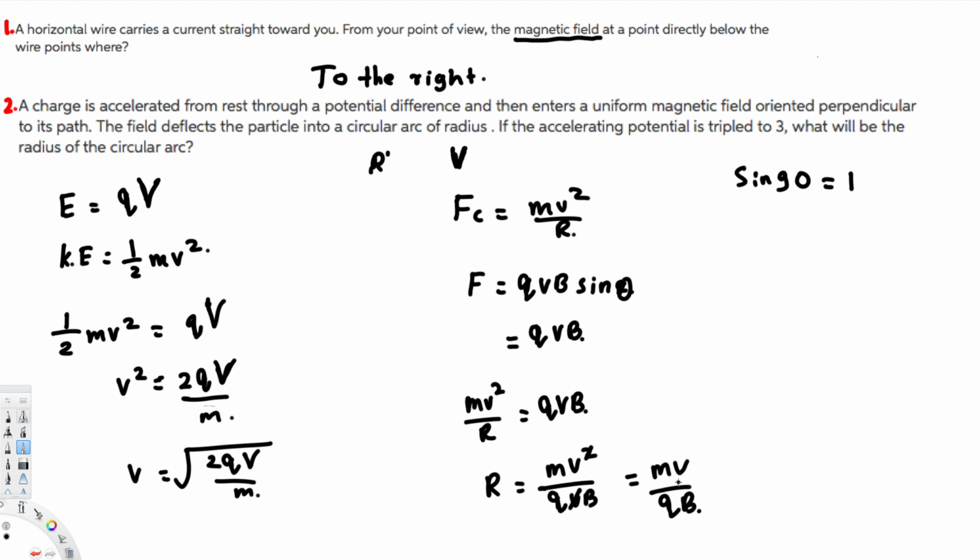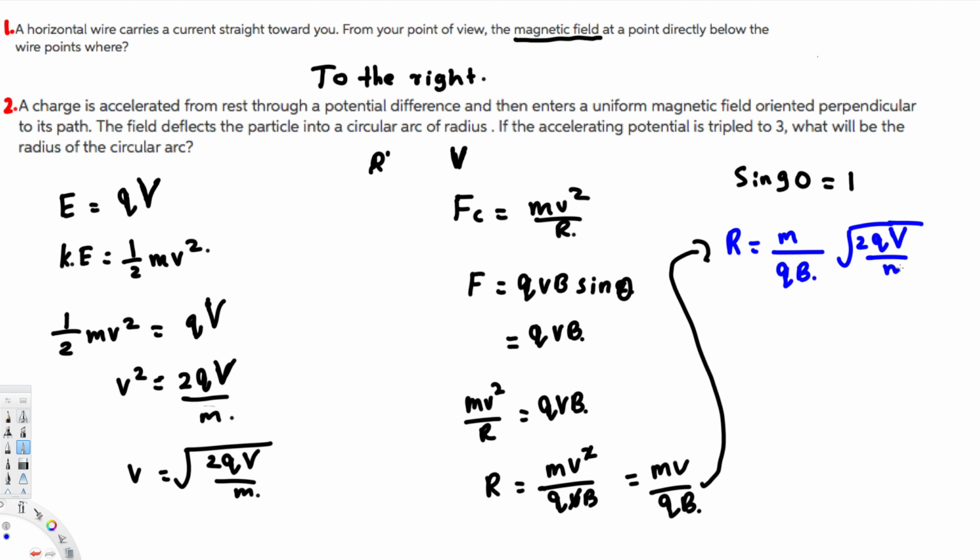So what we can do is plug in the velocity we found in terms of potential difference. If I write velocity in terms of potential difference, r is equal to m over qB times the square root of 2qV over m, where capital V is potential difference.